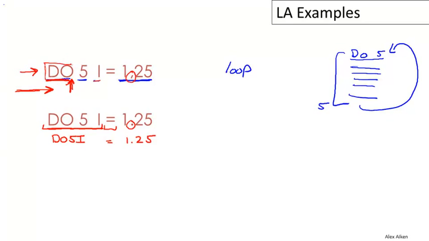Because we've seen the entire keyword do. And the problem is that we don't have enough information to make that decision. We don't know whether this is do or whether it's going to eventually be part of a variable name like do5i. And the only way to know is to look ahead in the input to this position to see whether there's a comma or a period there. So this is an example of lexical analysis that requires lookahead.